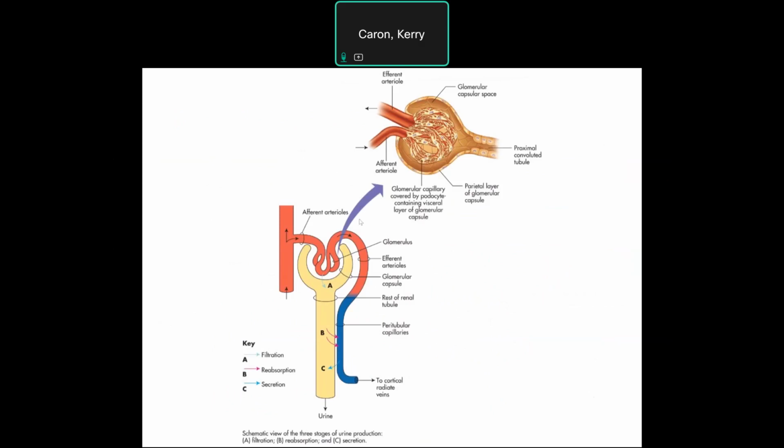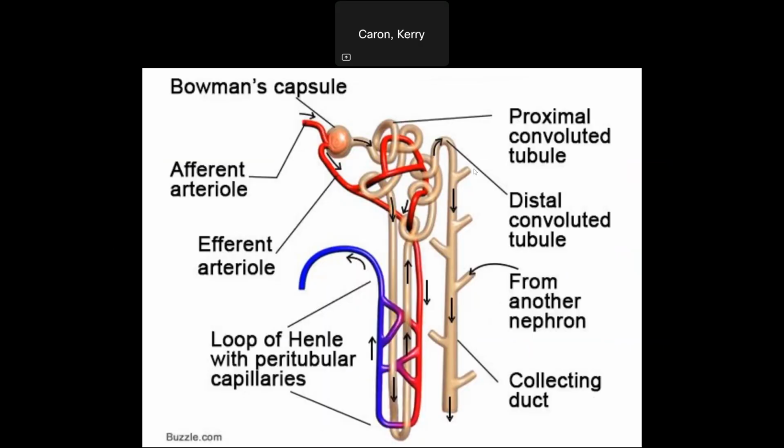Okay, so here's another picture of it. We have afferent, comes into the glomerulus, things happen, filtration happens, reabsorption happens, blood goes via vessel, and glomerular filtrate is going to leave via the proximal tubule. Very complicated looking. Here is the Bowman's capsule that contains the glomerulus, afferent arteriole, efferent meaning it's leaving.